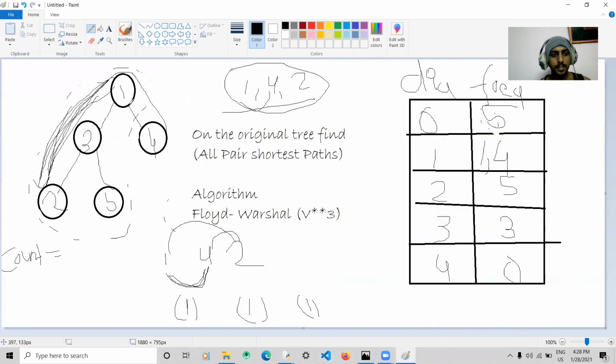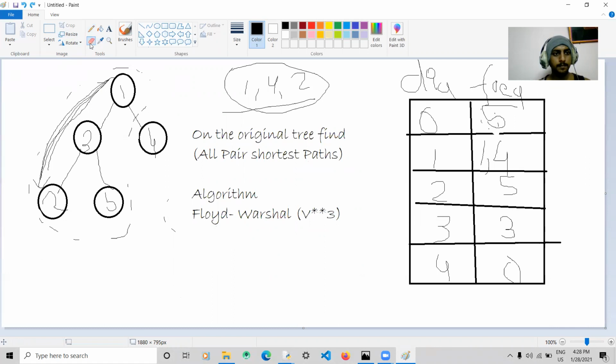So the total number of edges that belong originally to the tree is like this. Let's say you are given 1, 4, and 2. You are checking whether there was an edge between 1 4, 1 2, and 4 2. If there was an edge, their cost will be 1, but if there wasn't an edge, their cost will be greater than or equal to 2.